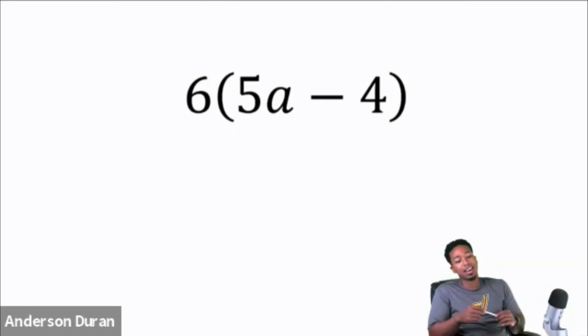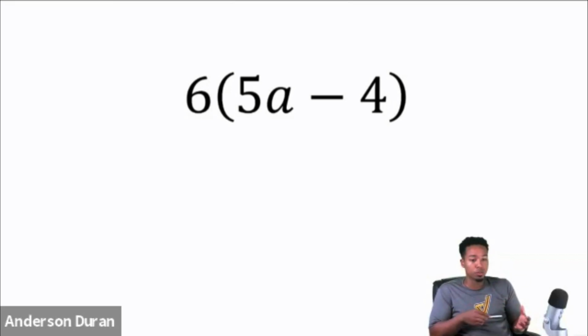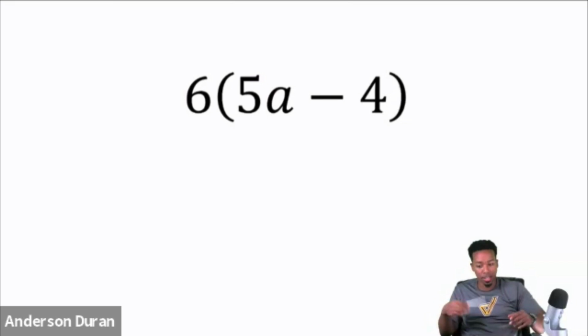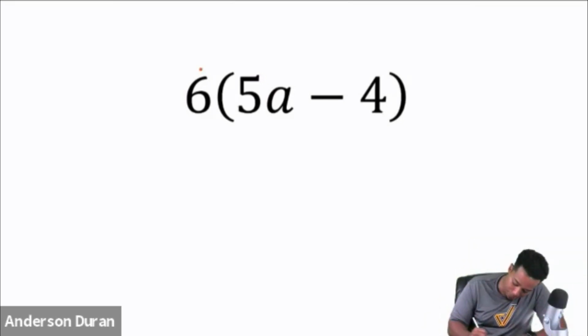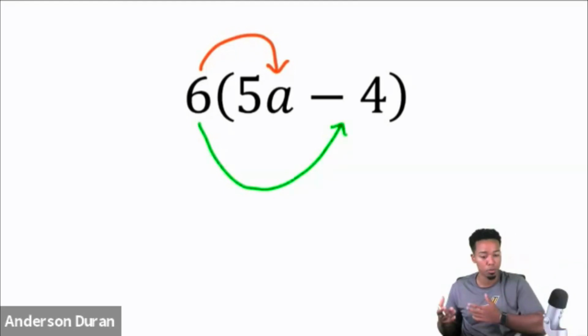FOIL is a form of distribution when you have a 2 and 2. This is a 1 and 2. You got 1 on the outside, 2 on the inside. So what's happening is we're going to take the 6 and make sure that it multiplies with that 5a, but also multiplies with that -4. Again, that's what the distribution will look like.